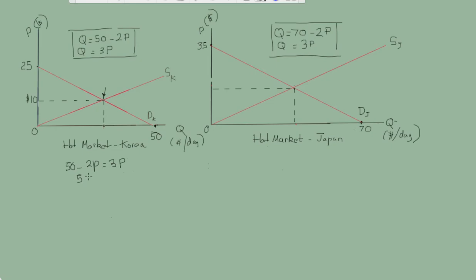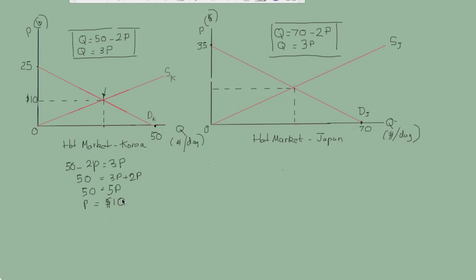So adding 2p to both sides, we get 50 equals 3p plus 2p, getting ahead of myself. So 50 equals 5p, which must mean that p is equal to $10, which I already did.